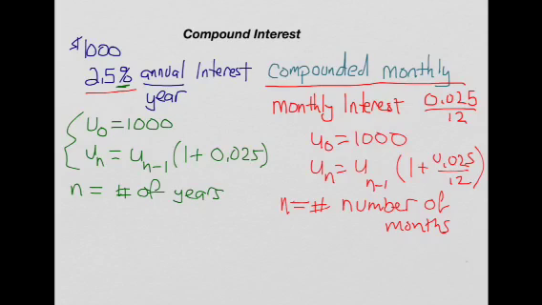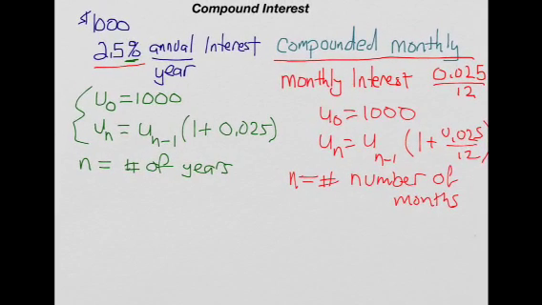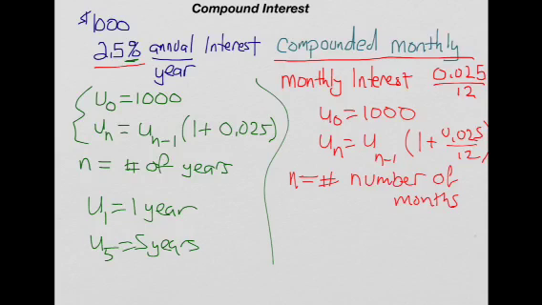When we're dealing with annual interest, it's nice because if I want to know how much I have after 1 year, I look for u sub 1. If I want to know how much I have after 5 years, I look for u sub 5. But that's when I'm only dealing with this annually, once a year.